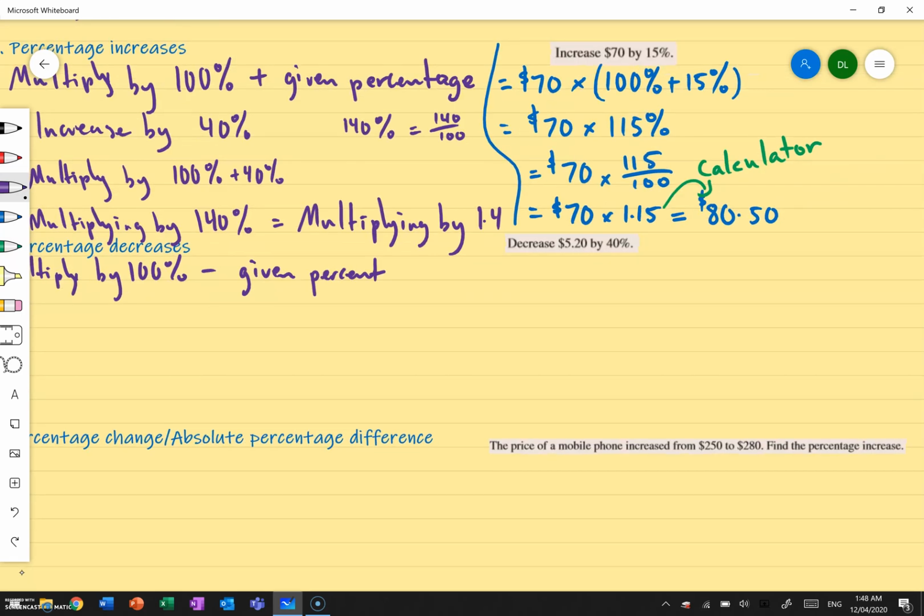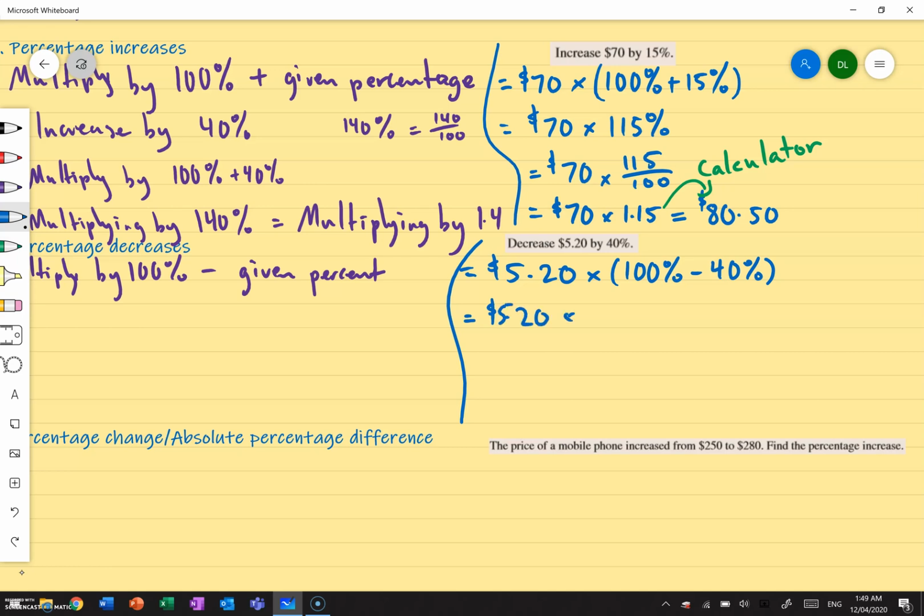So let's quickly go into our example. If I am decreasing $5.20 by 40%, I start off with my value, so $5.20, and I multiply by 100% minus, now what's my given percentage? 40%, right? So I minus 40%, and I get $5.20 times 60%. So I'm trying to find 60% now.